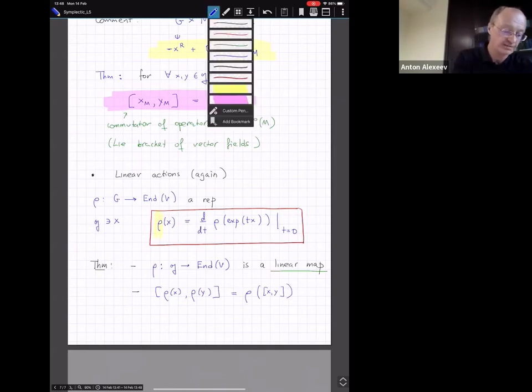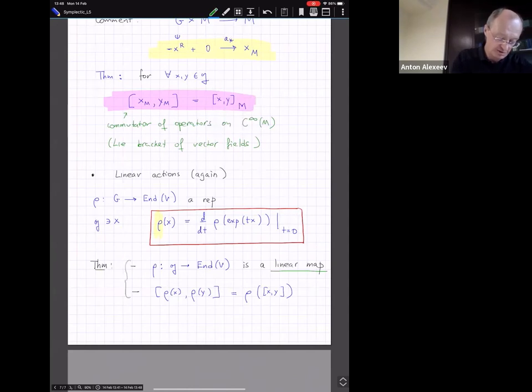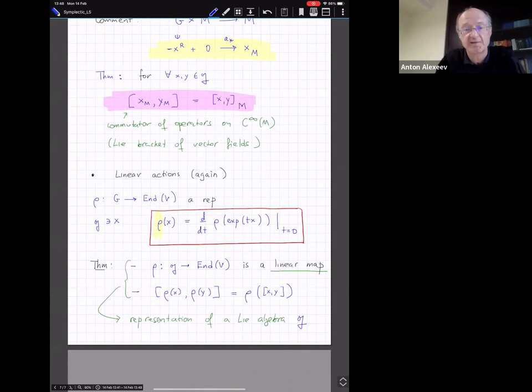So in fact, these two statements are the axioms of a representation of a Lie algebra G. This is actually one of the entry points of the big theory.